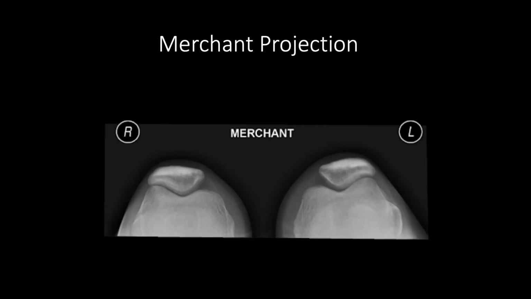And so there's your Merchant projection, which allows you to do both knees here in this case. So you can see the congruence here of the patella sitting in the trochlea, and then you can also analyze the depth of this sulcus here to see if there's potential for subluxations with some of your patients.